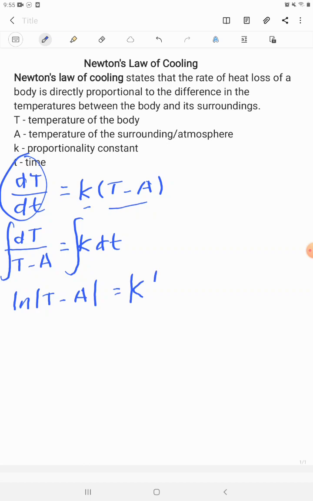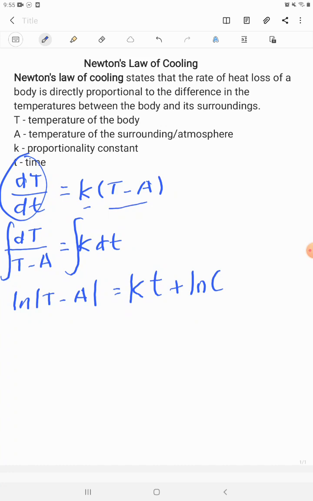The integral of dt is simply t, so kt plus c. But instead of writing c, we write ln of c, so that we can simplify it better.